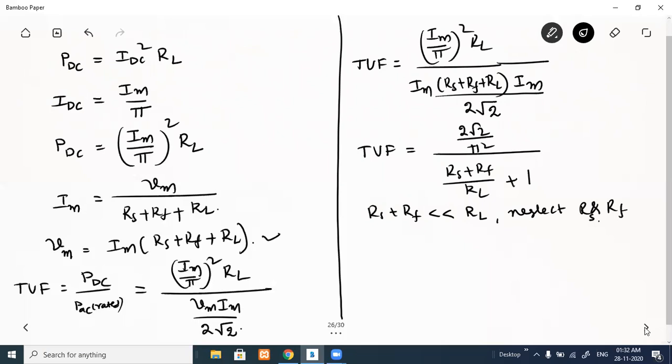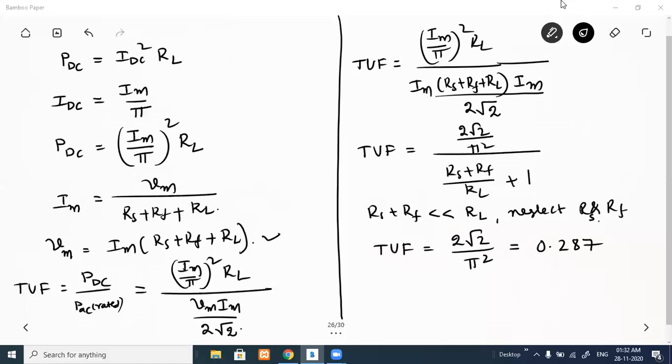So the total term Rs plus Rf by RL is very, very small compared to one, we can neglect. So the TUF is equal to 2 root 2 by pi square, which is equal to 0.287. That is the transformer utilization factor in half wave rectifier.